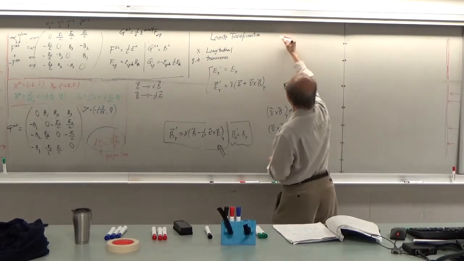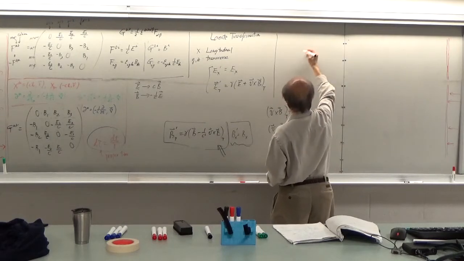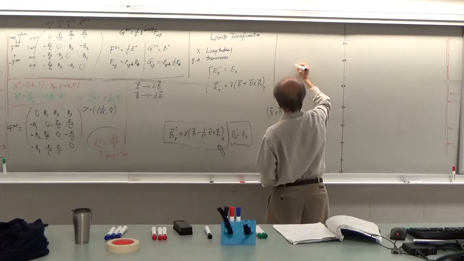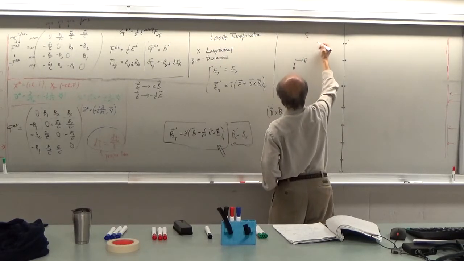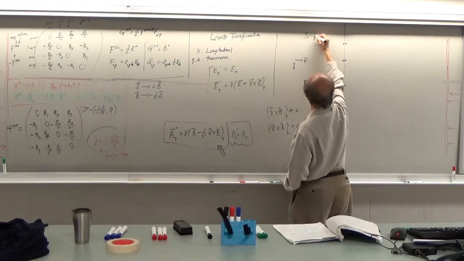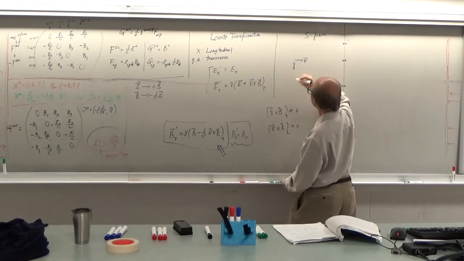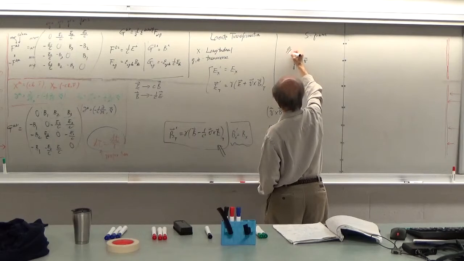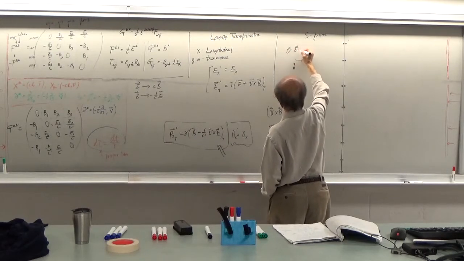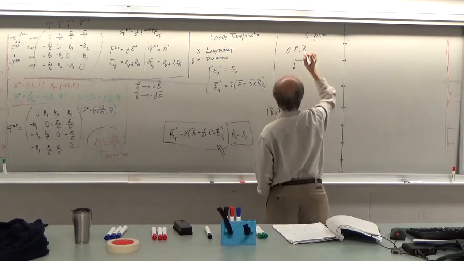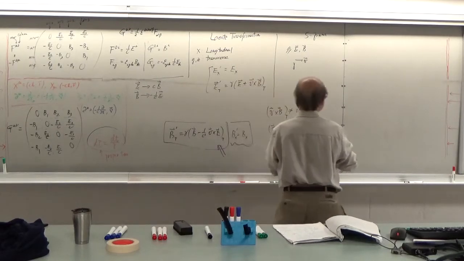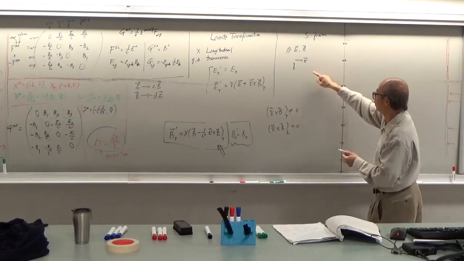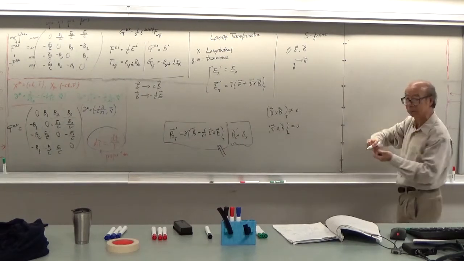All right, so let's consider a particle with charge Q moving with velocity V in the unprimed frame, which I will call the S frame, in the presence of an electric field E and a magnetic field B. And we would like to derive the Lorentz force law in this frame.